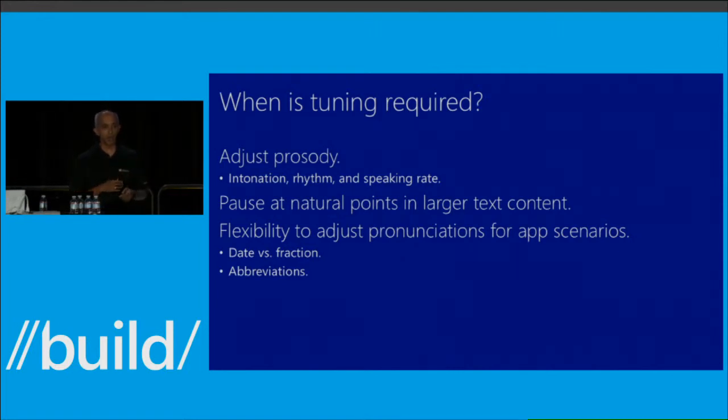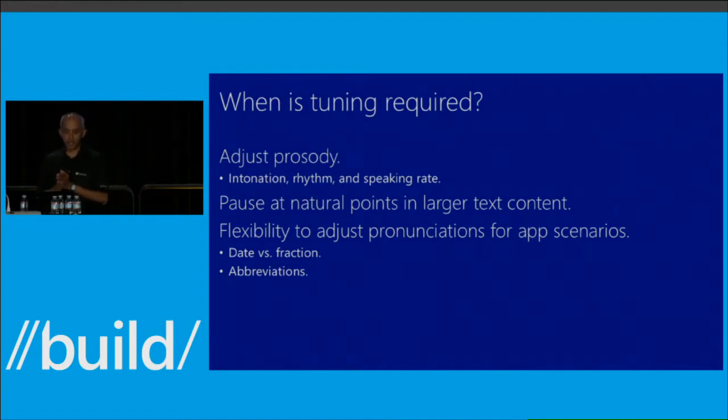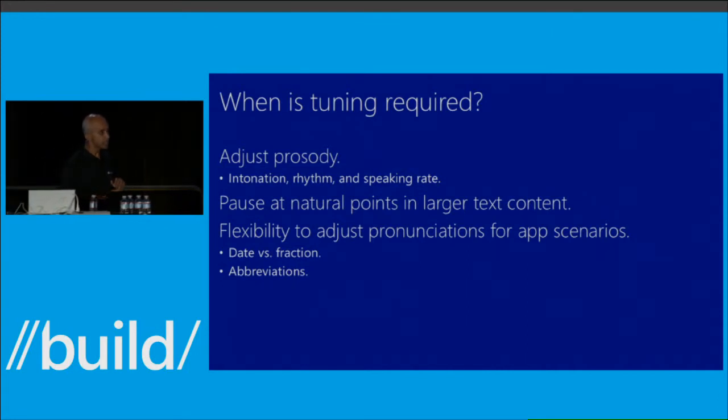For example, 1/2 could be the fraction half, or it could be January 2nd, or in some countries it could be the 2nd of February. So you would use SSML to tweak the output of this. Let's go through some examples to understand where it may make sense to fine-tune the voice output. So switch back to the demo machine.